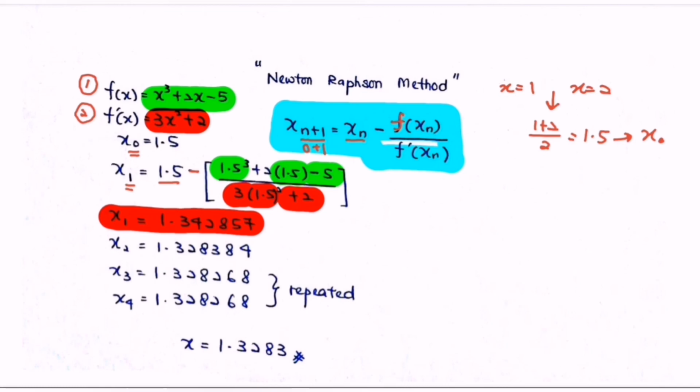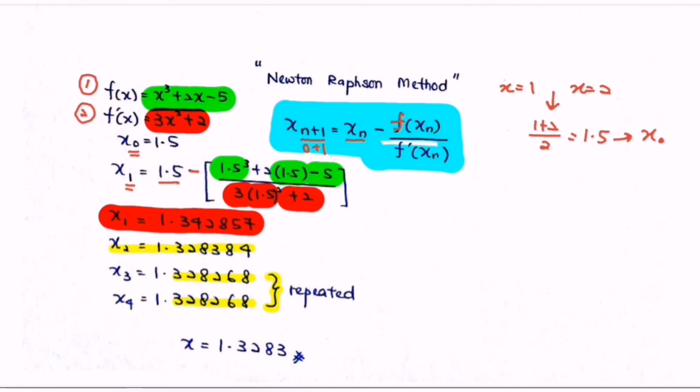Repeat the same process: press the button answer and then press equal, and we will have x2 equals 1.328384. Do repeat the process again until we have a repeated value. We can see that 1.328268 repeats 2 times, meaning we have to stop.